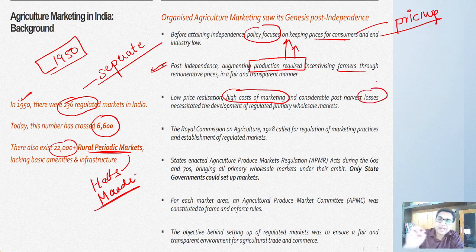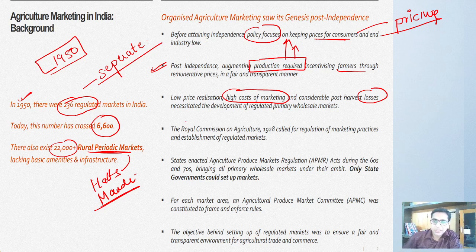So it was thought that we need some kind of market where we can control the prices, where proper marketing of agriculture products can happen in a proper way, and where we will be able to reduce the losses as much as we can.